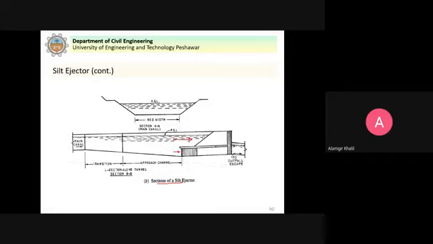This gave an oblique approach and created many problems. Like you can see here that we have this headworks axis, and then we have this as the river axis. So it makes an angle. So this gave an oblique approach and created many problems.